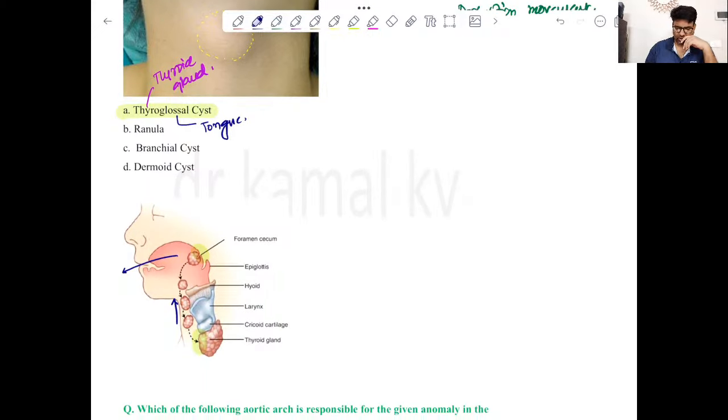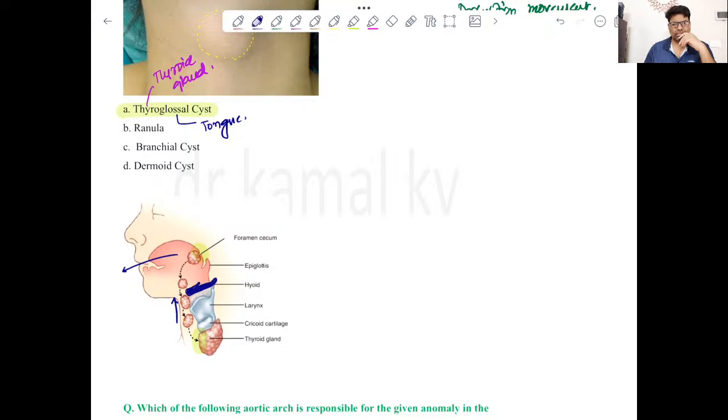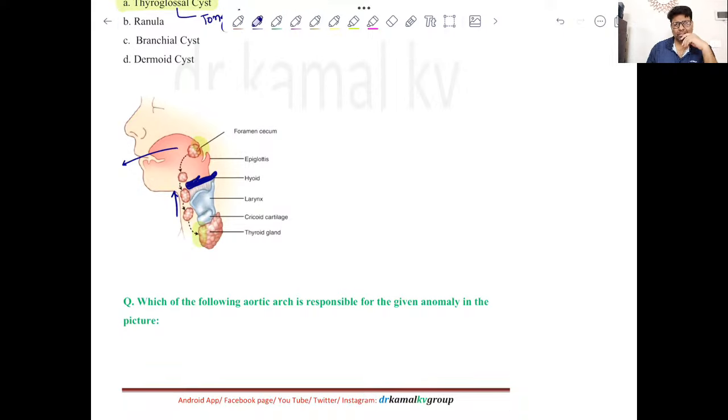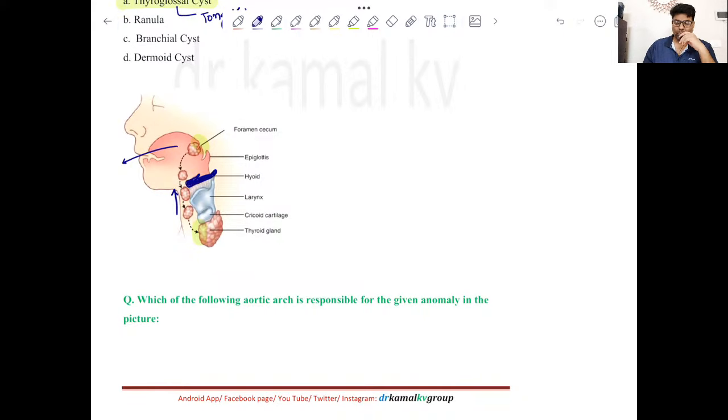Here you can see this one is the hyoid bone, something like this, okay? Usually it is below this, and it is said to be in the midline, but it can be slightly on the left side sometimes, right? So this is thyroglossal cyst, and again this is a very favorite topic.